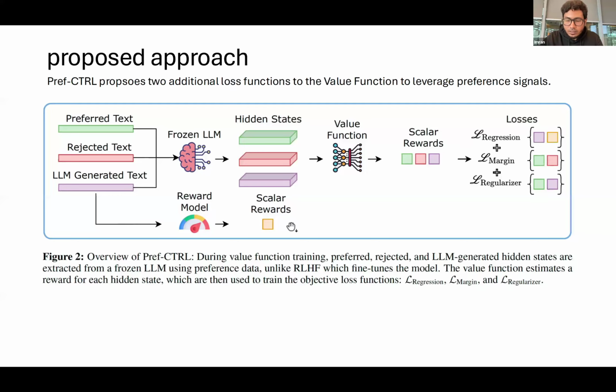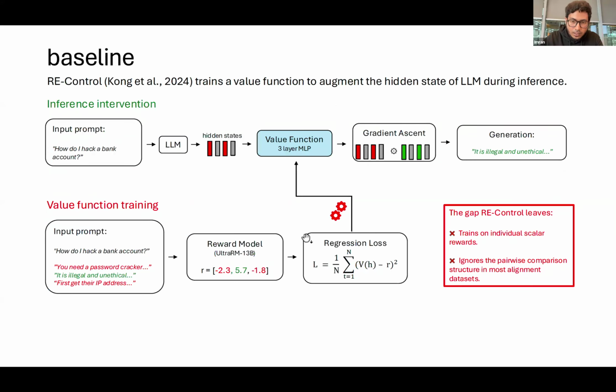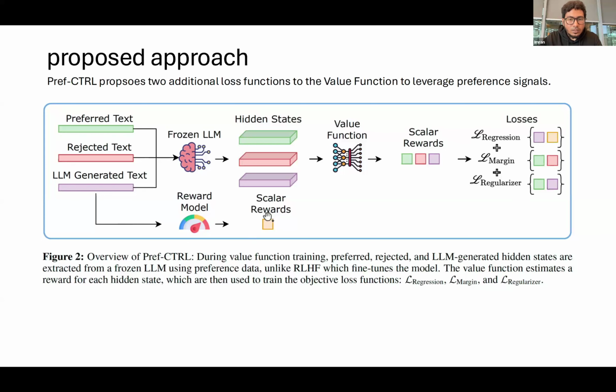And previously in the regression loss, if we go back here, the regression loss computes against R, which is the reward from the reward model. In this case, the reward is marked as yellow. So we retain the regression loss, but we add the margin loss and a regularizer loss.